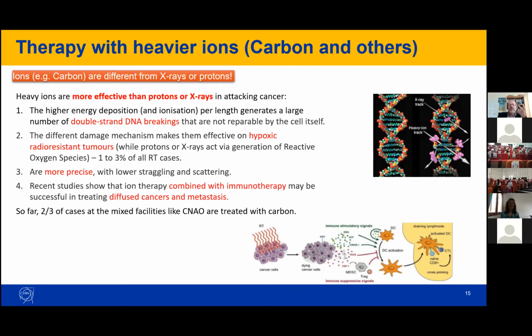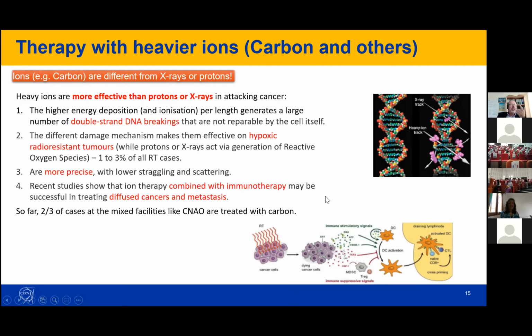But if you break the same DNA twice, then the molecule cannot repair the DNA. So the mechanism of action of ions is completely different from protons or X-rays, which interact with the equilibrium of oxygen within the cells. So carbon ions have a different mechanism, which makes them effective also with hypoxic tumors, tumors that are radioresistant.